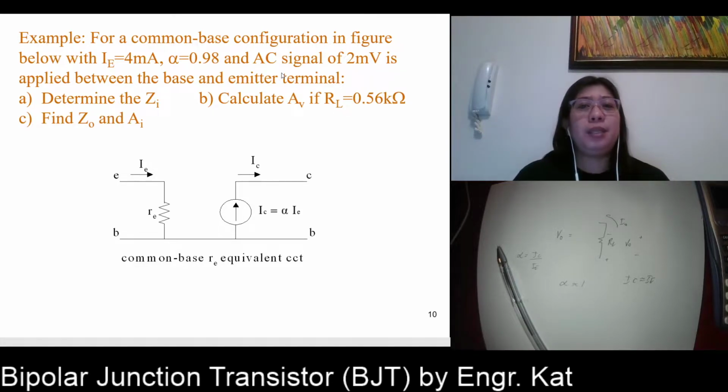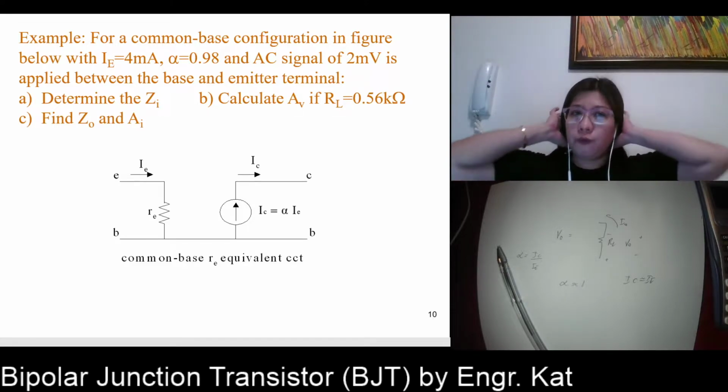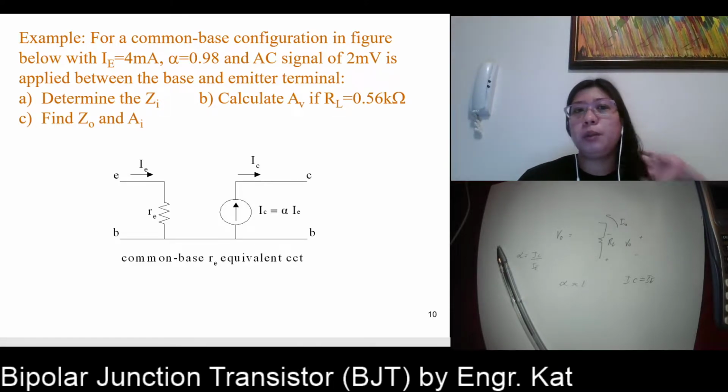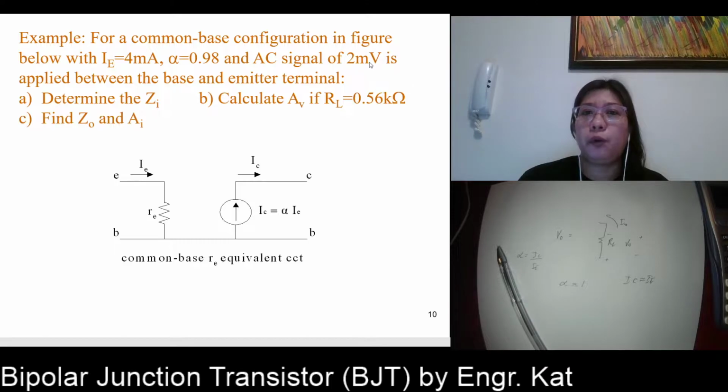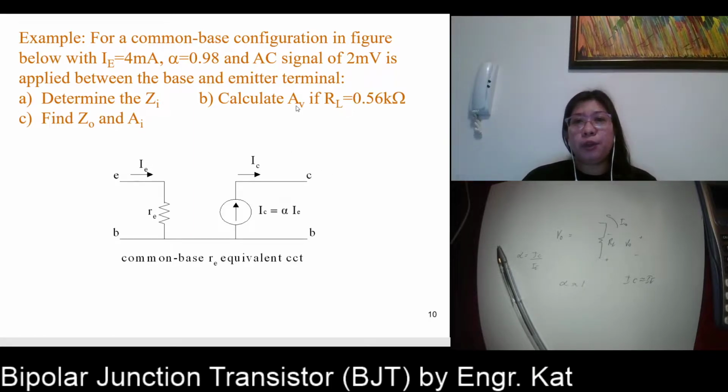We have our AC input signal, which is 2 millivolts, applied between the base and the emitter, so it is equivalent to our input voltage. We are to determine ZI, ZO, the current gain, and the voltage gain if RL is equivalent to 0.56 kilo ohms.